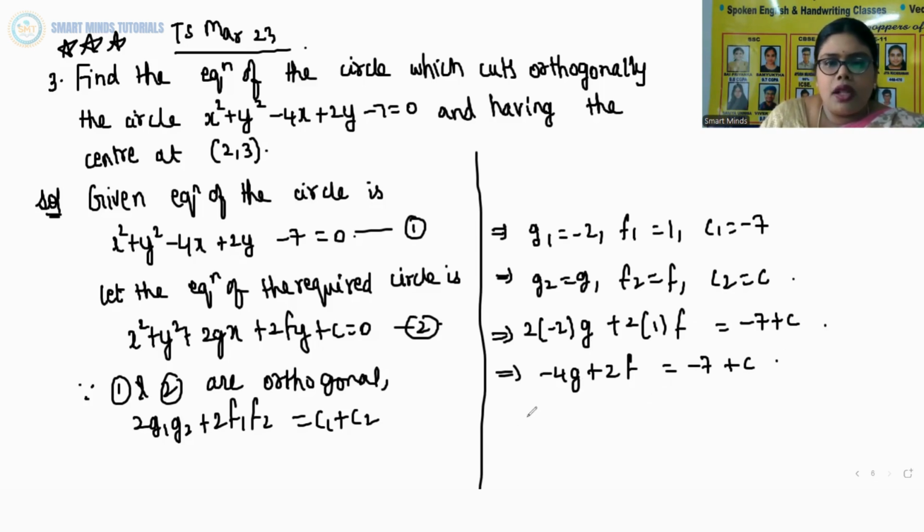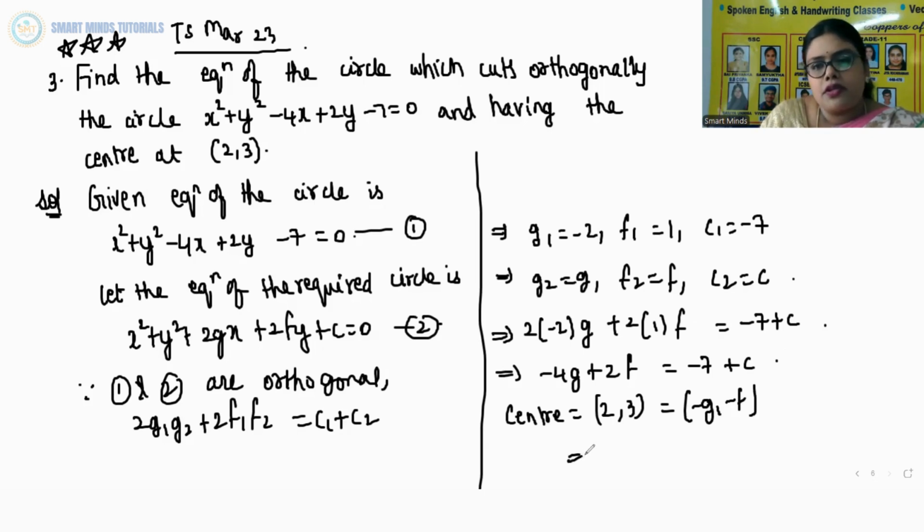Okay. Now what is given to us? Center is 2, 3 given. But we know center is minus g, minus f. So g is minus 2 and f is minus 3 because center is minus g, minus f. Let us take this as equation number 3.